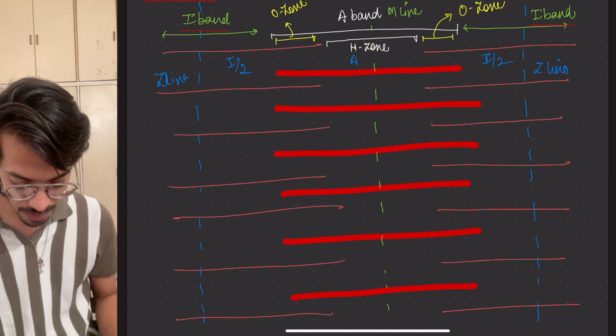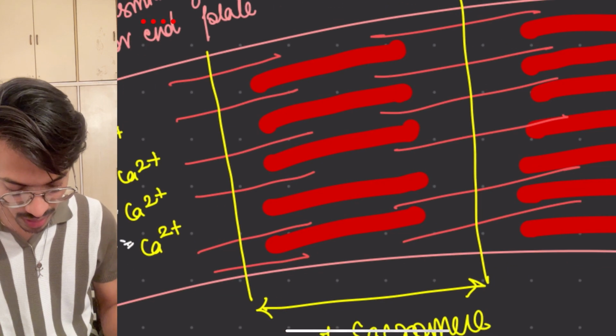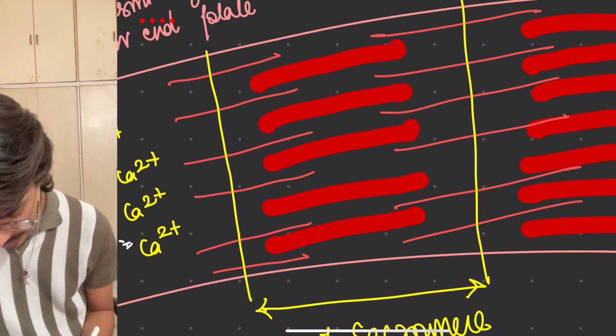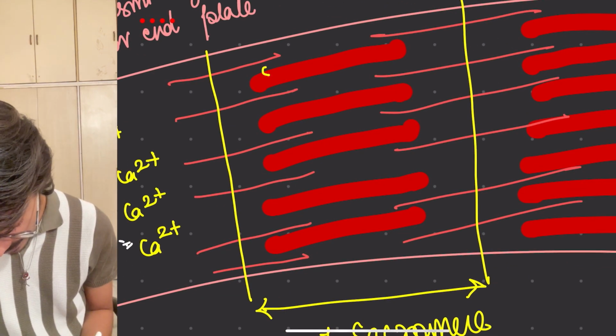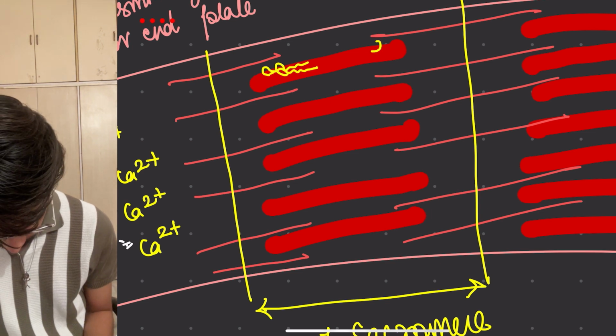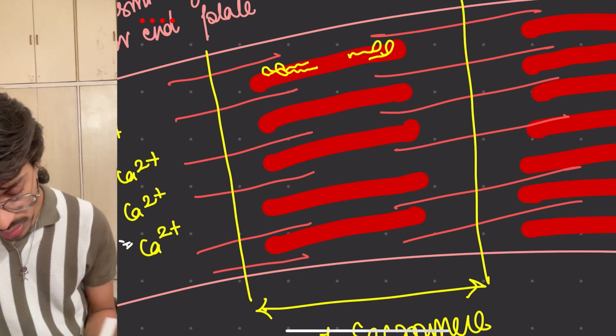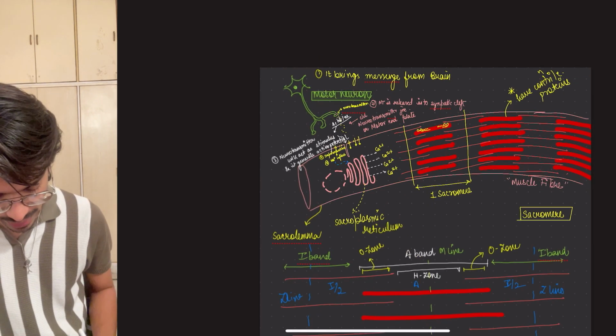Now let's come back to what happened over here. These bands are present. This band has a head-like structure present like this, if you remember the proteins. I am going to the next page.